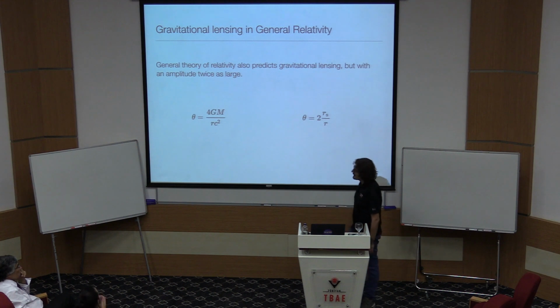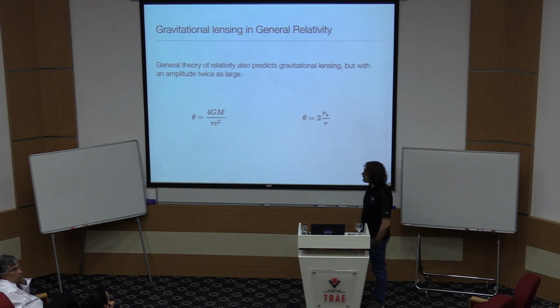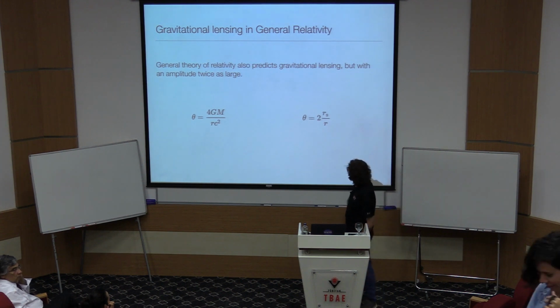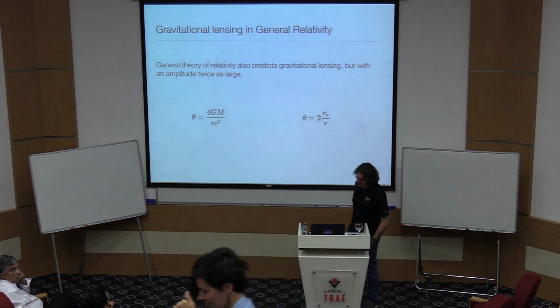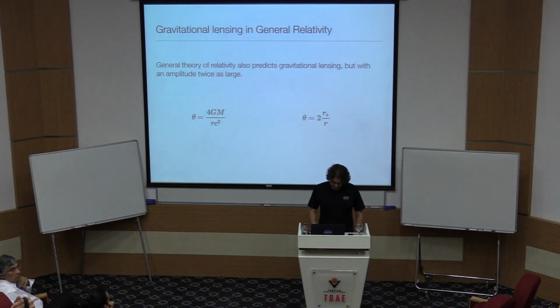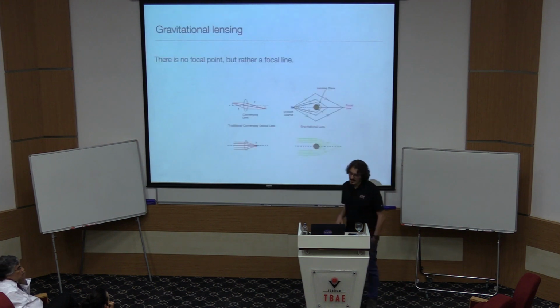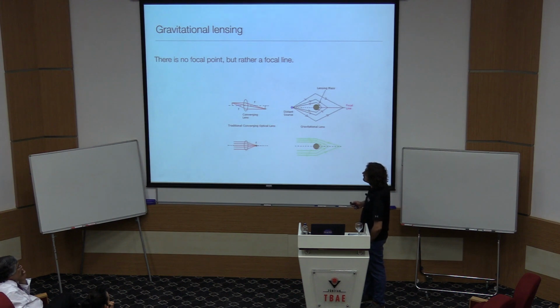So as a result, for the observer, there is a deflection of light. And that is given by 2 times the Schwarzschild radius over r, and that basically gives us the right deflection. And using that, we can do a lot of very useful science, which I will come to.